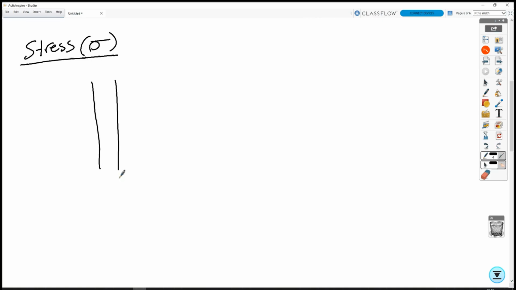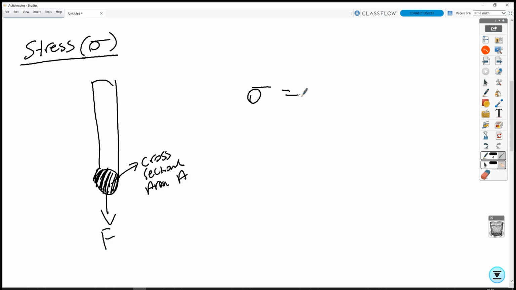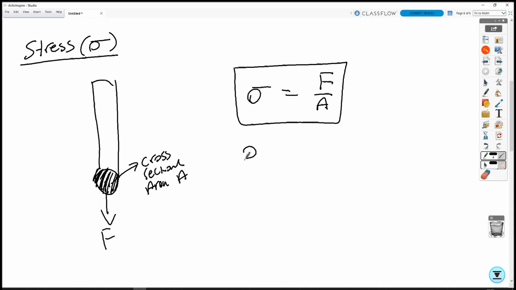So, say we've got some material with a circular cross-section, and we apply a force on it. This area here is the cross-sectional area, A. And stress is equal to F over A. So sigma is stress, and it's measured in pascals.